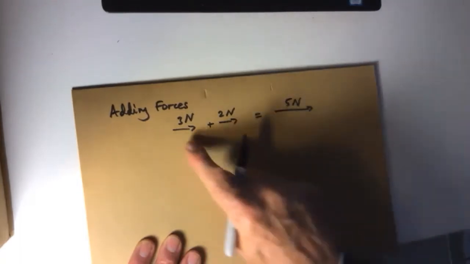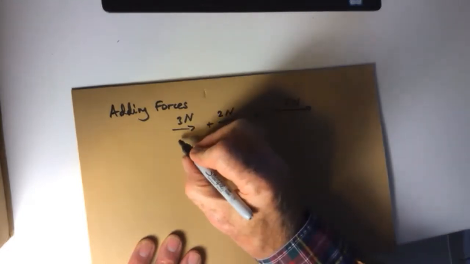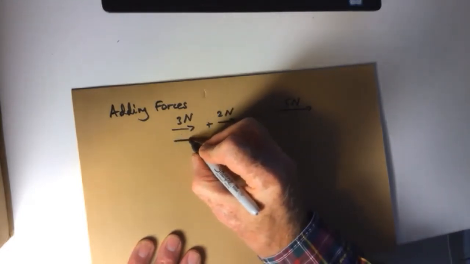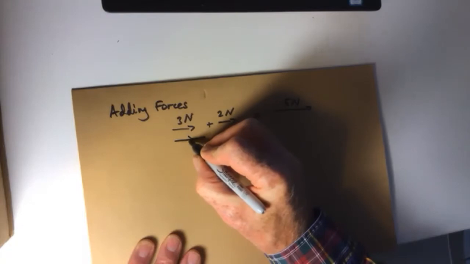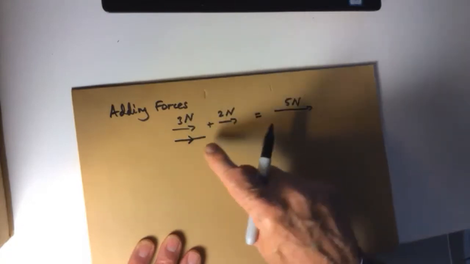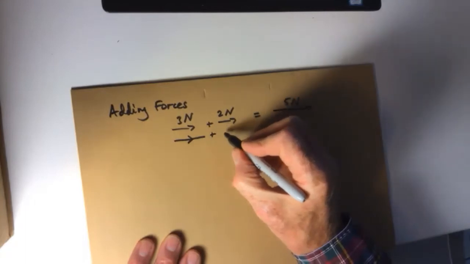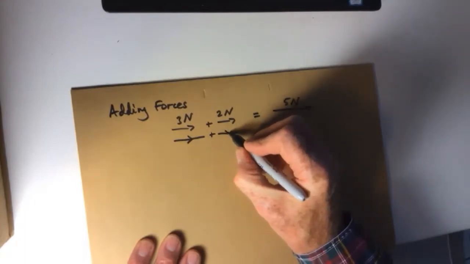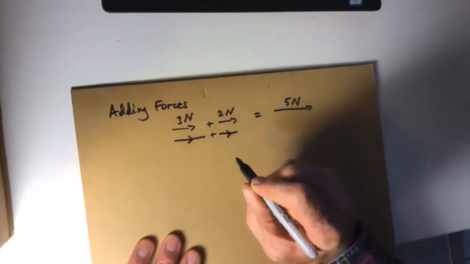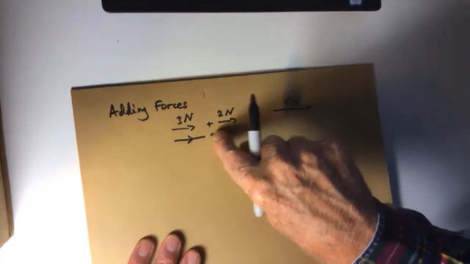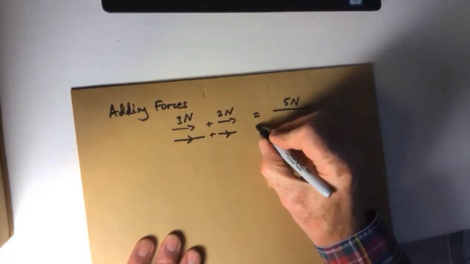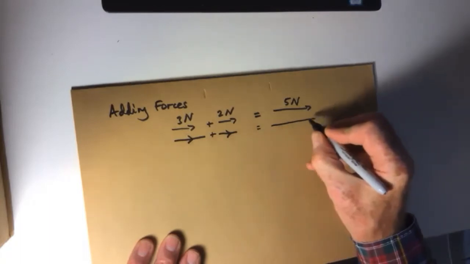Okay, now you can draw these as little diagrams. Usually when they're drawn, we make the length of the line proportional to the size of the force. So that could be, say, 3 centimeters long. This would be 2 centimeters long. Yeah. And the arrow goes in the middle traditionally, and that would give us a 5 centimeter line.